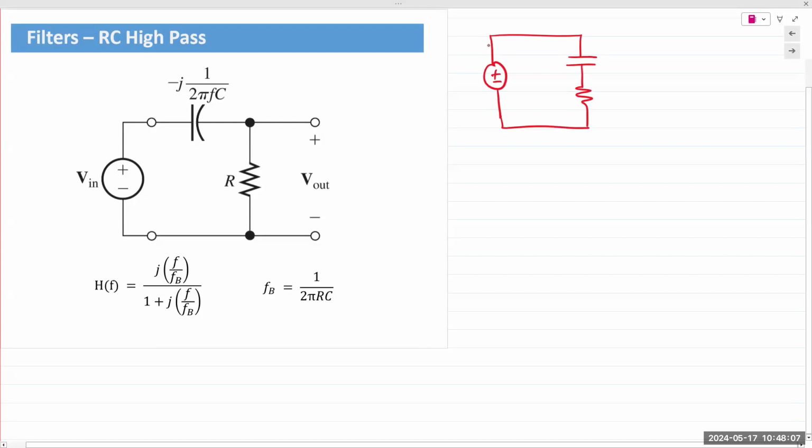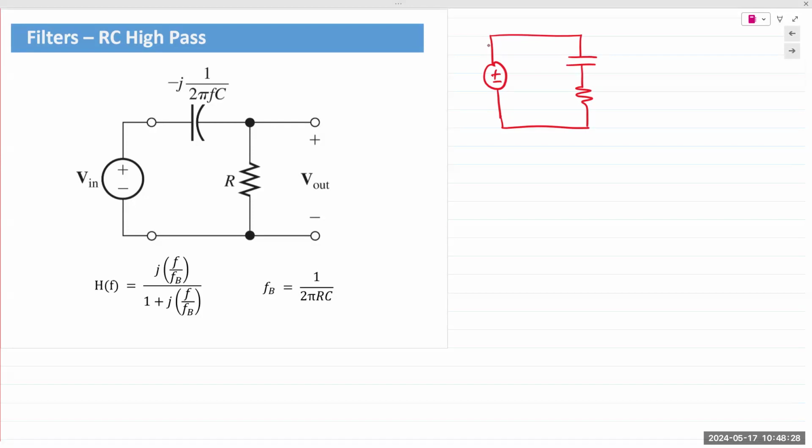It's still a series circuit. We are drawing the schematic with the capacitor in place of the resistor, but it's still the same circuit. Electrically speaking, it's the exact same circuit. There is no difference. We are simply taking the output across the resistor. That is all. It's still a resistor in series with that capacitor.